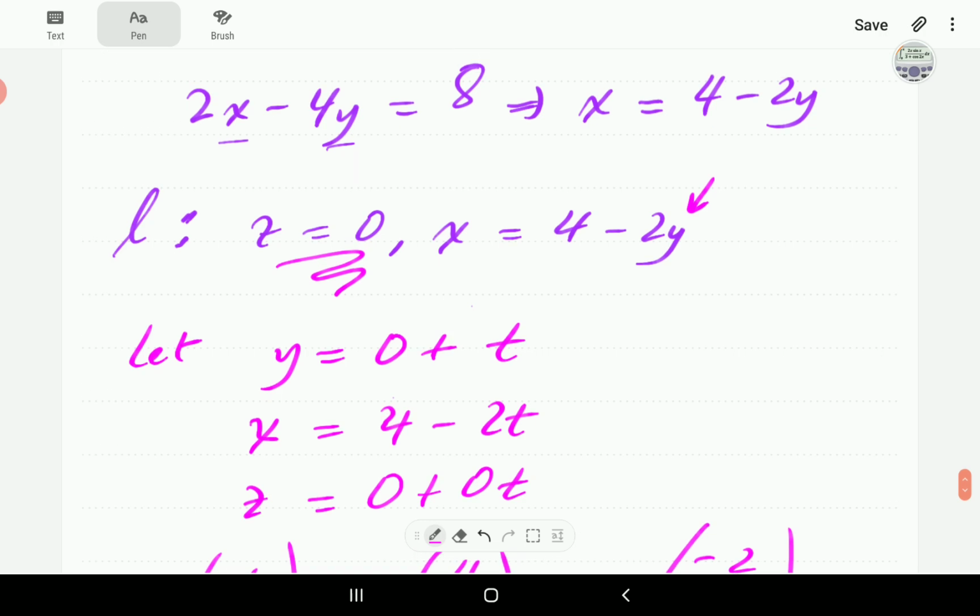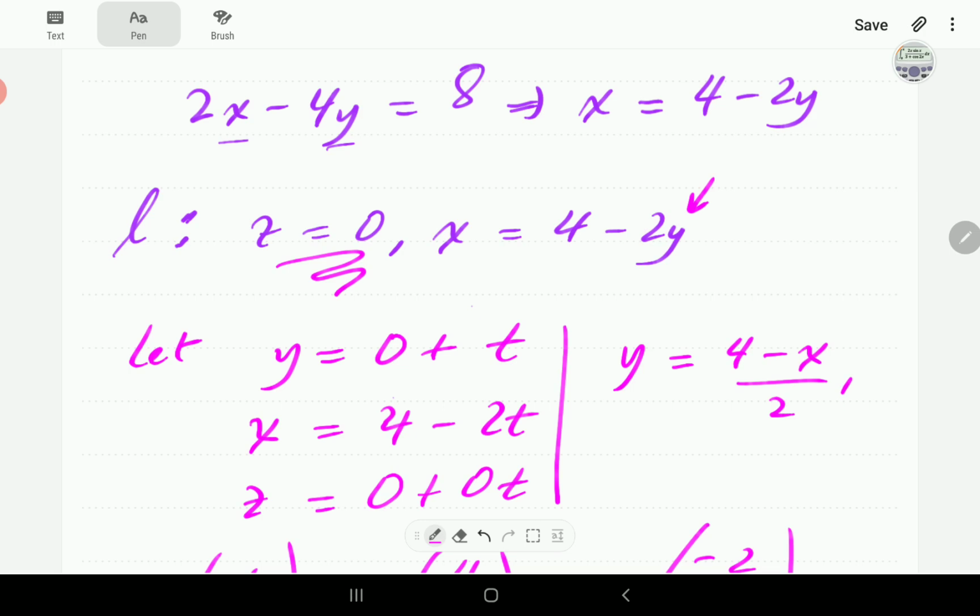The symmetric form, we eliminate t here. So if we eliminate t from the first equation, we're going to find that t is equal to y. From the second equation, we're going to find that t is 4 minus x all over 2.